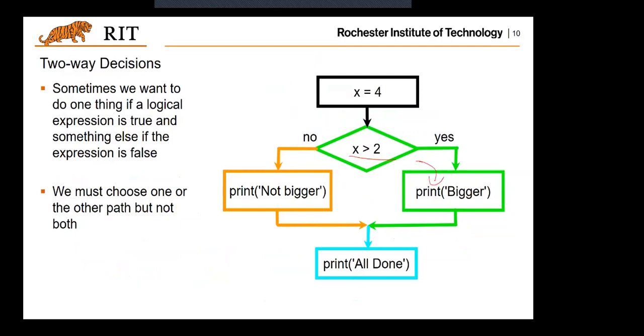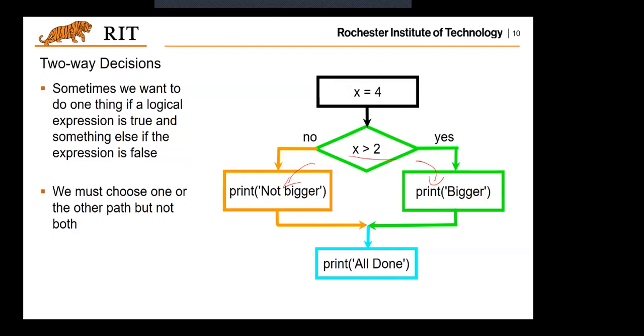If not, then another block of code will be executed. No matter what, you either do this or that. So that's the two-way decision for the conditional steps.